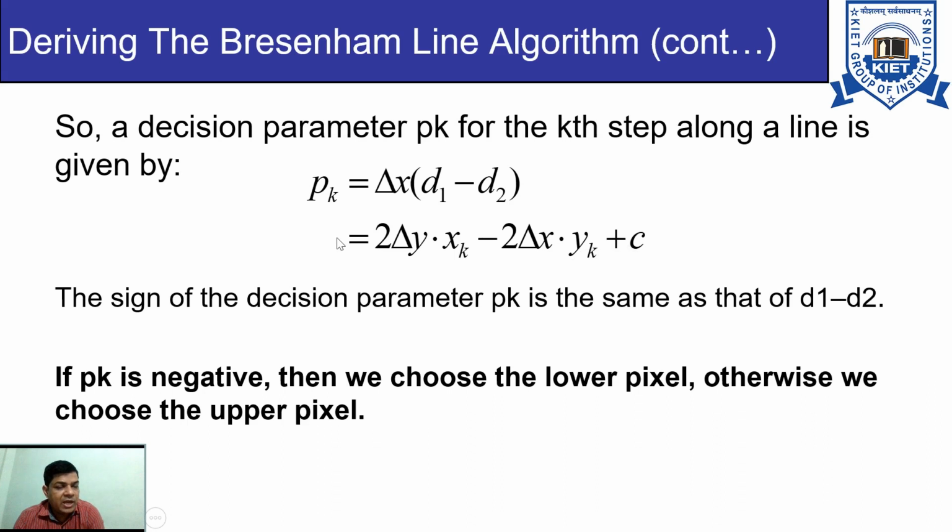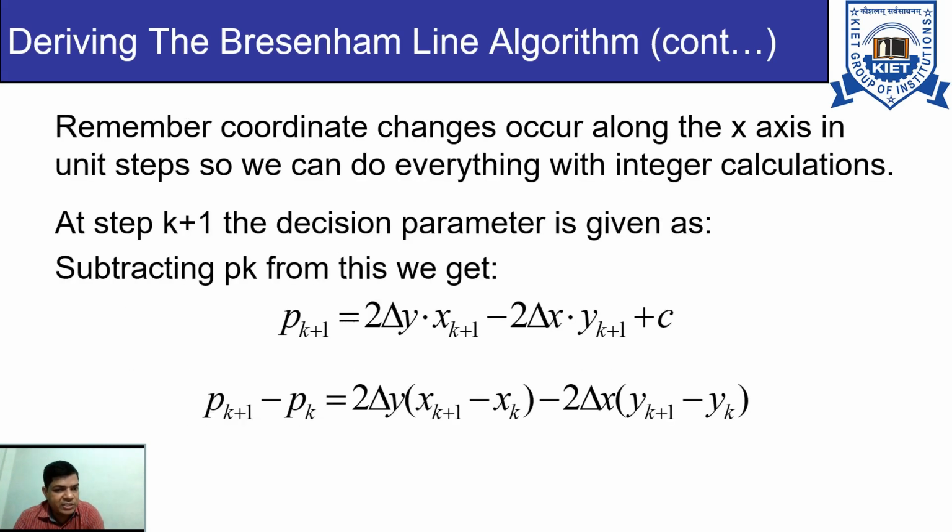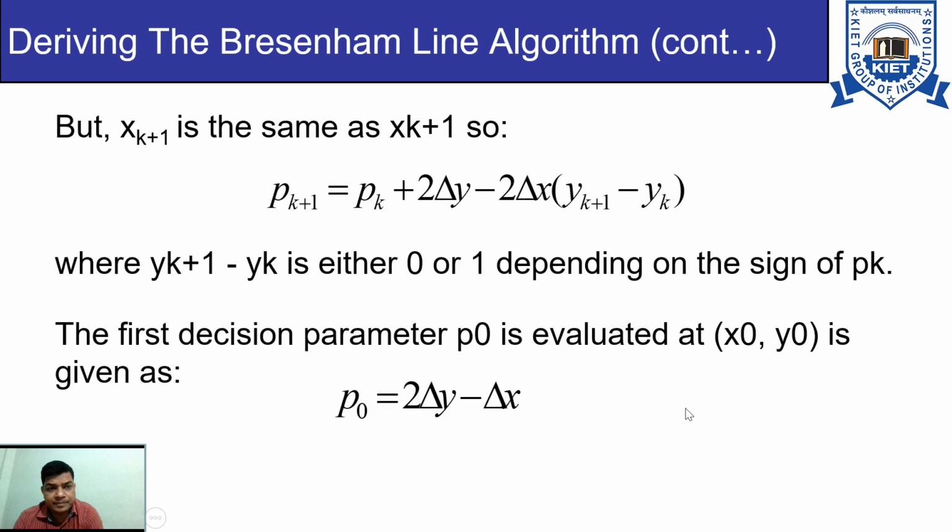Now we are approximating the next pixel parameter. For that, we simply substitute k as k plus 1, and you will get this equation. Now you have to subtract these two equations, that means calculate pk plus 1 minus pk, and you will get this.